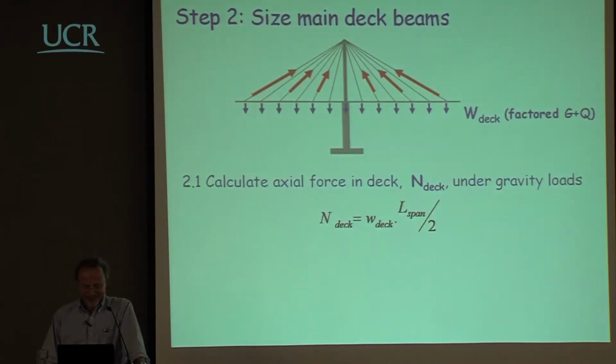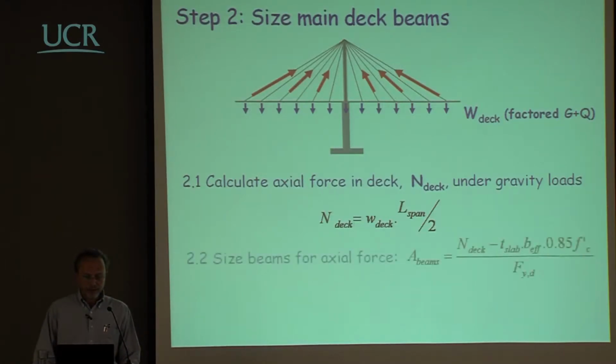Then the next thing that you do is possibly to see what is the level of axial force in the deck. And in that case, it is rather simple, because on average, you have a cable at 45 degrees. So essentially, you have a similar value of compression in the pier and of compression in the deck.